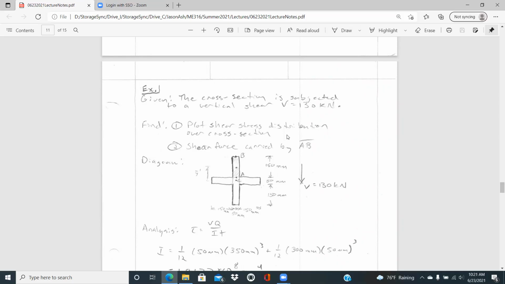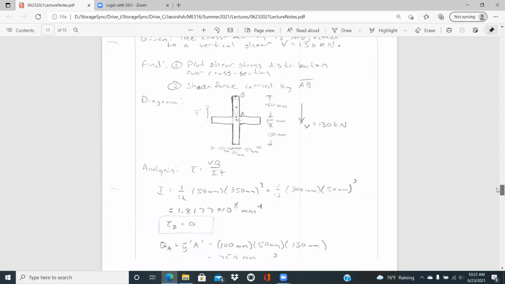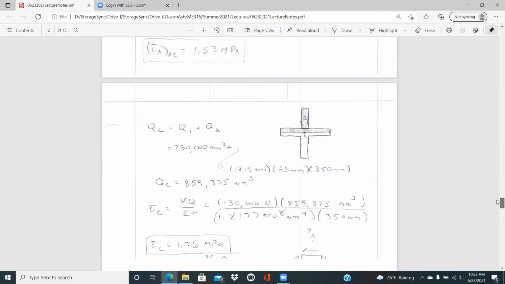And the next step now is to calculate the shear force carried by that top portion AB. And so this is where we can use that relationship we just saw for the rectangular section before the break today.